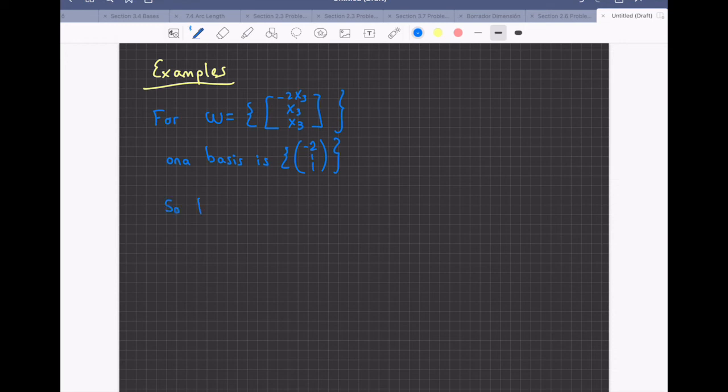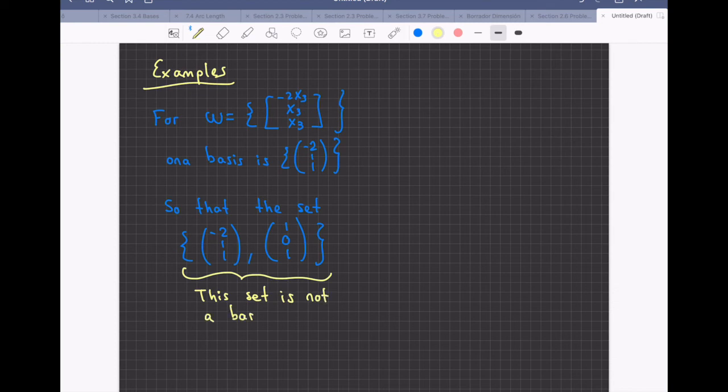So if I create another set, the set with the vectors (negative 2, 1, 1) and for example, any other vector, (1, 0, 1), then I know this set is not a basis, and is linearly dependent.